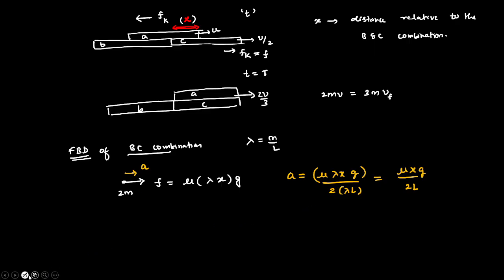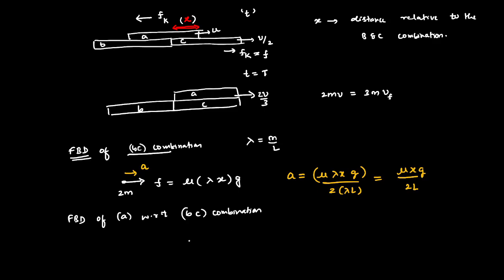Now we will think about the free body diagram of block A with respect to the BC combination. Let me use small letters only.